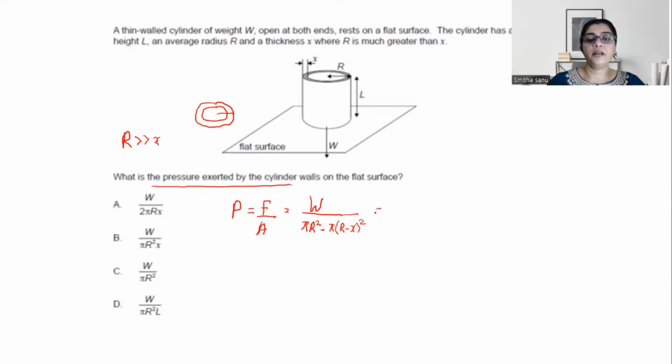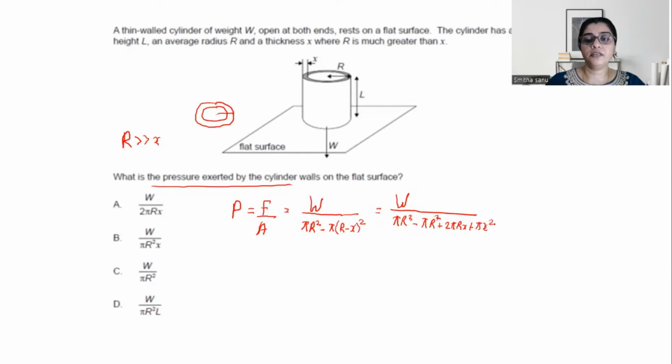So if I expand it, I get W over pi r squared minus pi r squared plus 2 pi rx minus pi x squared.